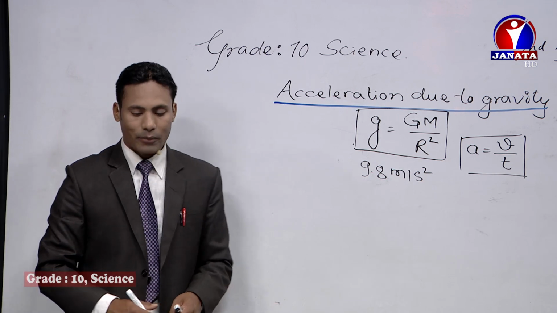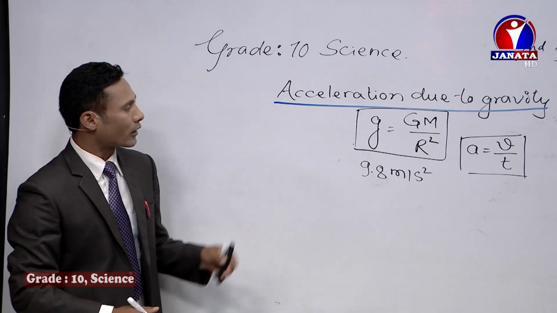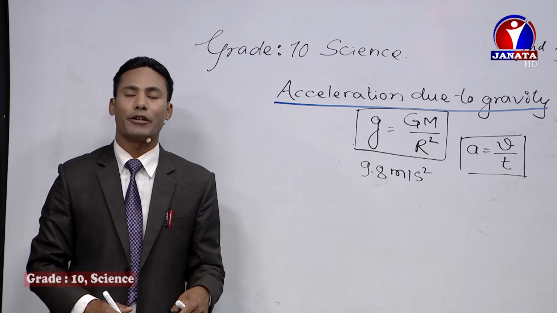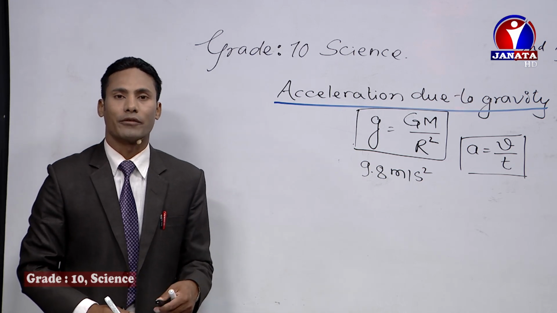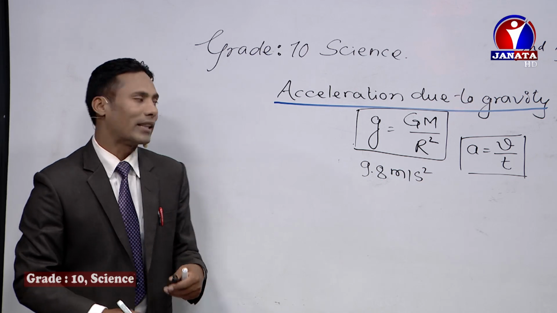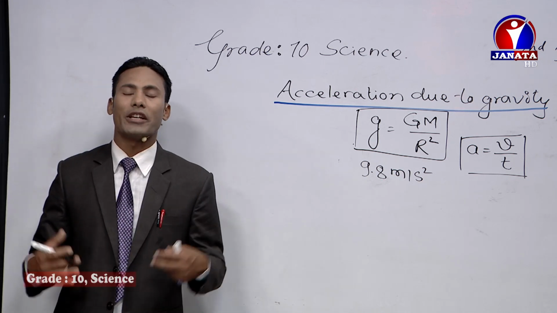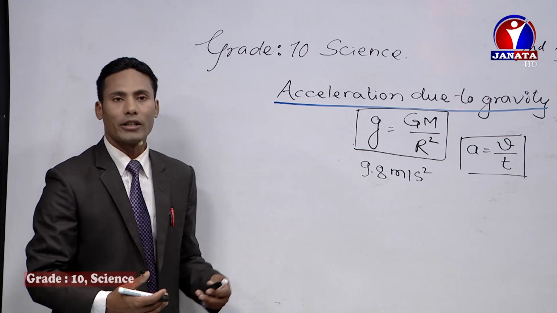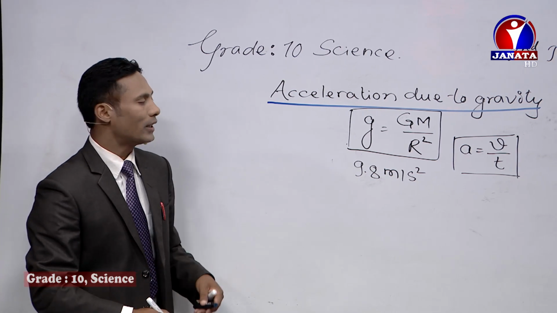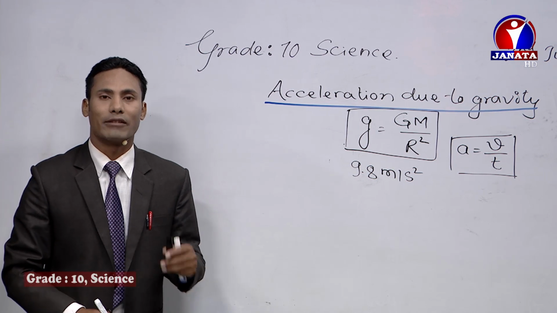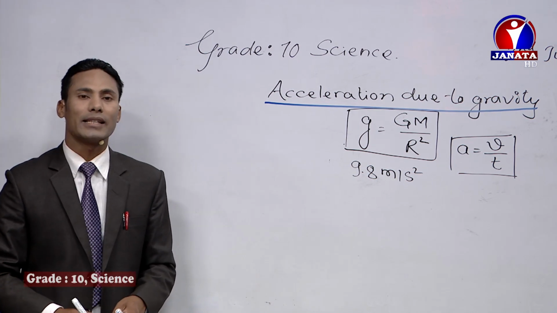But later on, Galileo concluded that the acceleration of a freely falling object does not depend upon the mass of the falling object. That means if an object is very big and another is small, both fall simultaneously with the same acceleration due to gravity. That is the conclusion of Galileo.